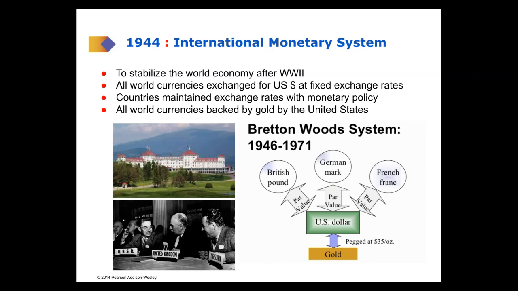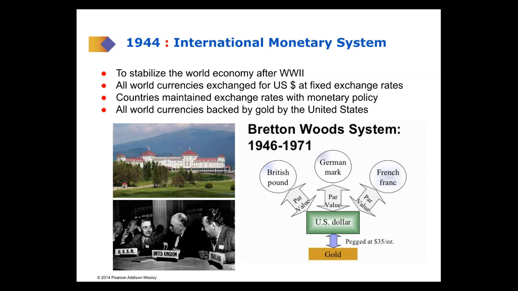And then they created fixed exchange rates between the US dollar and all the other currencies for the countries that were participating in the monetary system, which was really everyone. And then the United States would essentially back all the world's currencies with gold. And the idea was that countries would maintain exchange rates with monetary policy. They would use their monetary policy to try to keep the set exchange rates that were agreed upon in place.